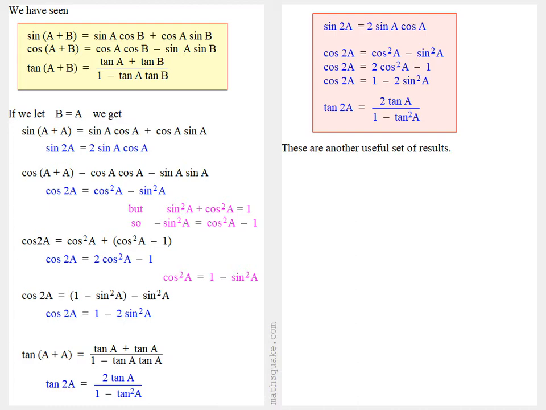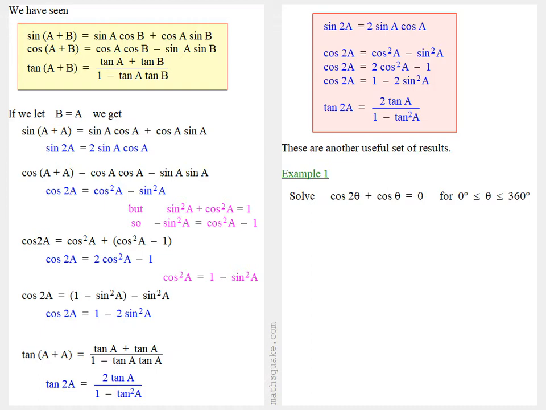And for tangent we have the tangent of 2a is equal to 2 tan a divided by 1 minus tan squared a. Now all of these formulae turn out to be very useful in different situations, so they are worth learning.